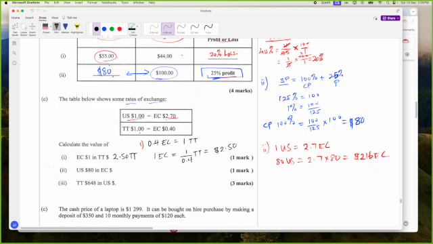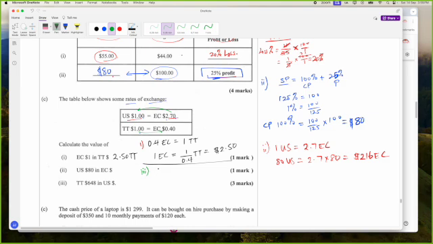And then part 3, which is the 3-mark question. I'm just trying to find my little spaces here to do it in. 648 TT in US. So I have 648 TT. I'll have to convert that to EC, and then I'll have to convert the EC to US.